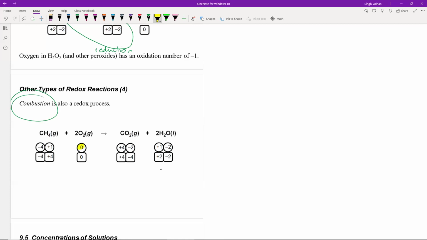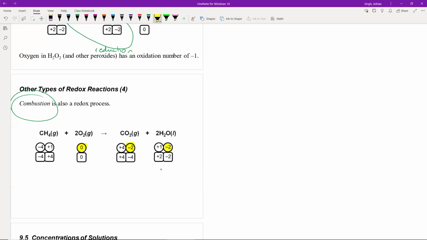The oxygen starts off with an oxidation number of 0, and it becomes oxidation number of -2 on both sides. So that would be an example of a reduction that's occurring, which would suggest that something else has to undergo oxidation.